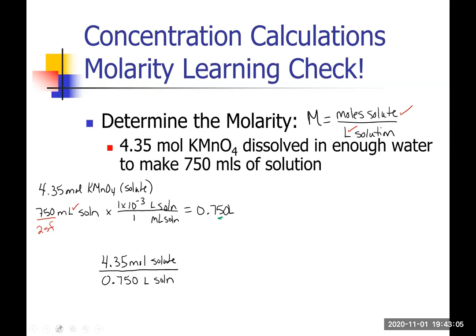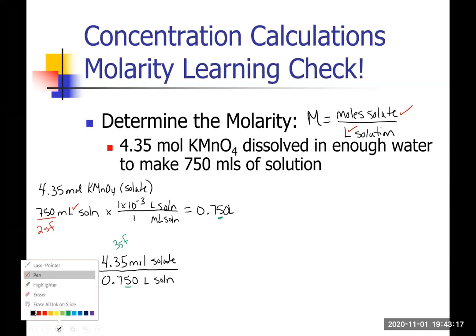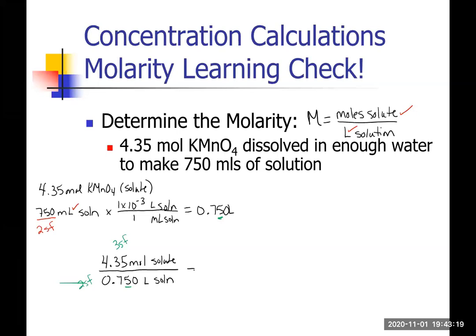And again, I'm just going to make sure that I'm following where my significant figures are. So I have 3 sig figs here, but I have 2 sig figs here. This is multiplication division rule. So when I get my answer, it's going to have 2 significant figures.